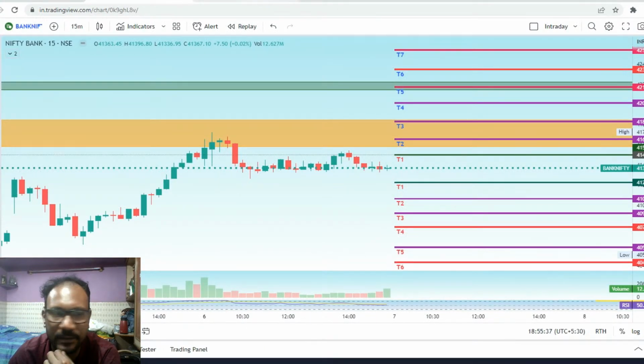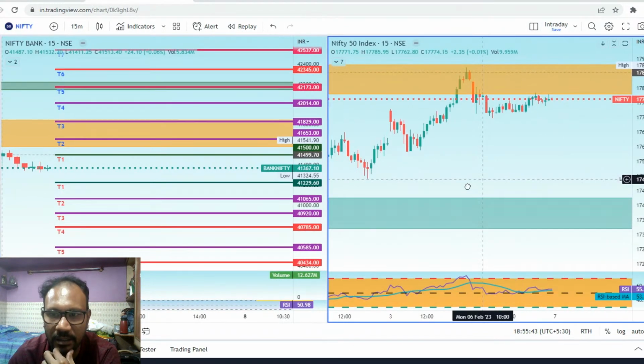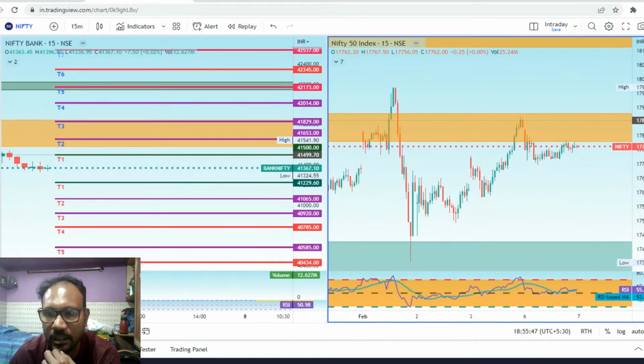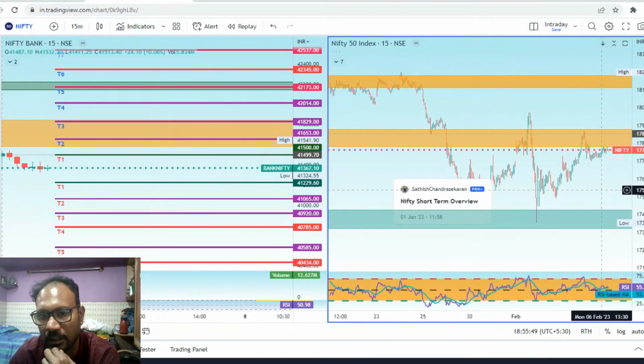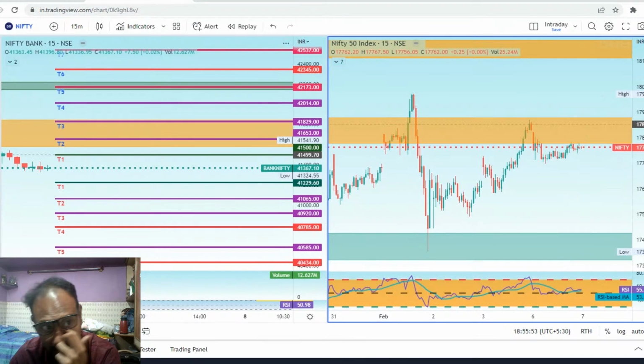No point waiting. Here, in the double screen. All right. So this is the level.